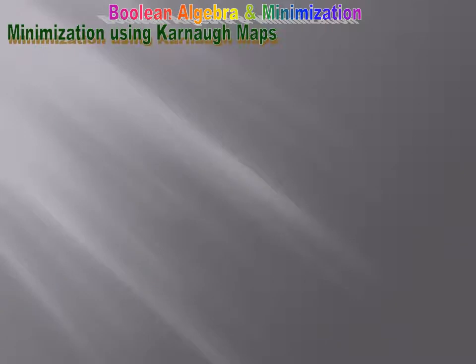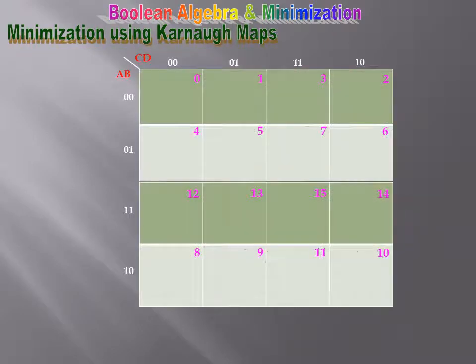So let's start with the minimization using Karnaugh maps with 4 variables. This is a Karnaugh map which represents 4 variables, 2 variables in the vertical and 2 variables in the horizontal.